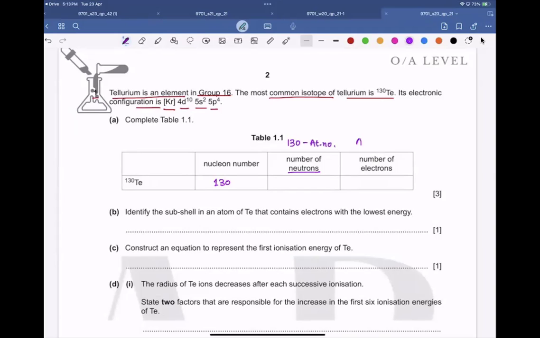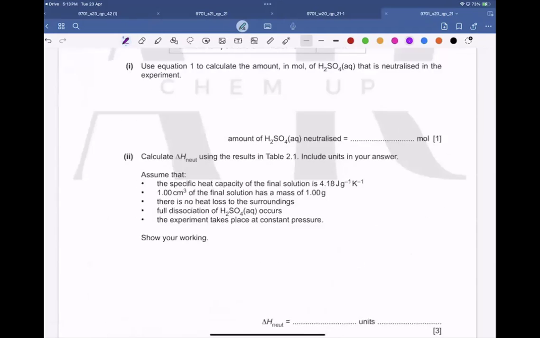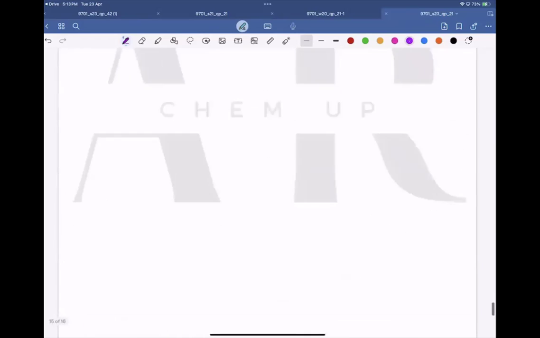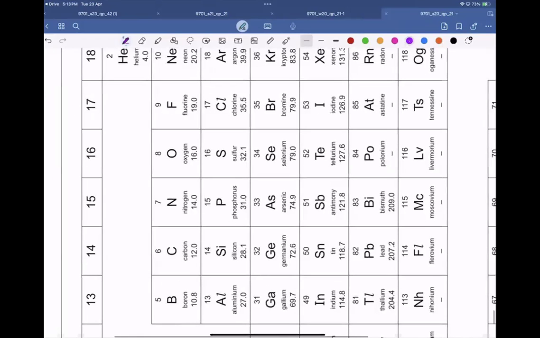So if it's an atom, the atomic number is equal to the number of electrons. So for these two, we are going to look at the periodic table. If you see tellurium, its atomic number is 52, right?